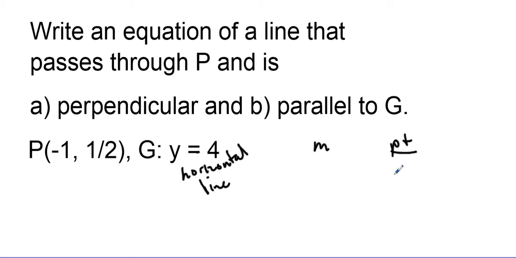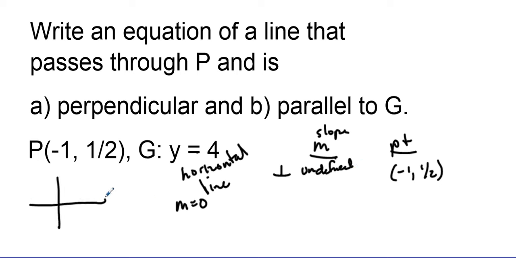Our point is (-1, 1/2). Our slope, perpendicular to G, would be the opposite reciprocal. Our slope at G is 0. So what is the opposite reciprocal of 0? Well, that is undefined.